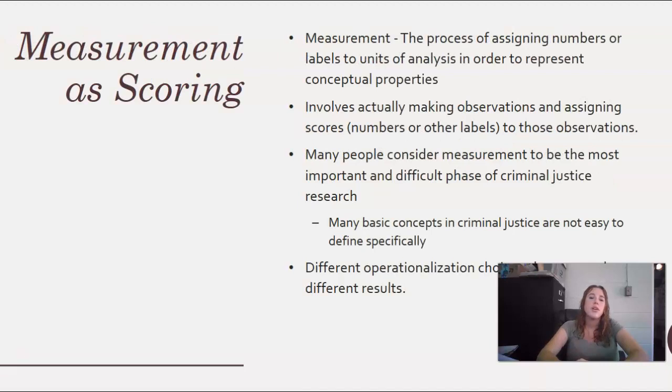So we already touched on this a little bit, but we have to assign scores to our measures. This allows us to do statistical analyses and allows us to compare and contrast different people's responses. So measurement is the process of assigning numbers or labels to units of analysis in order to represent conceptual properties.